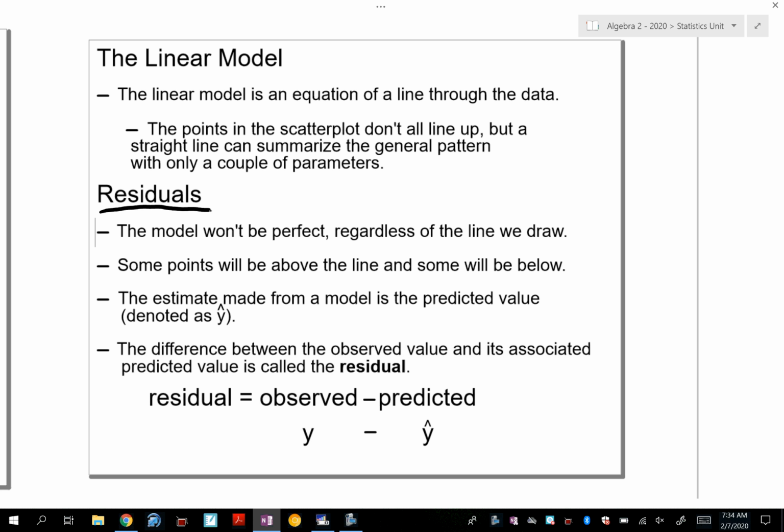The computer will, in a split second, calculate this line. But what it's doing is looking at the residuals for every single point, and it's trying to minimize that distance. It's trying to take this subtraction and get the smallest possible number for each one. And it does it on a snap of your fingers, but that's what it's doing.